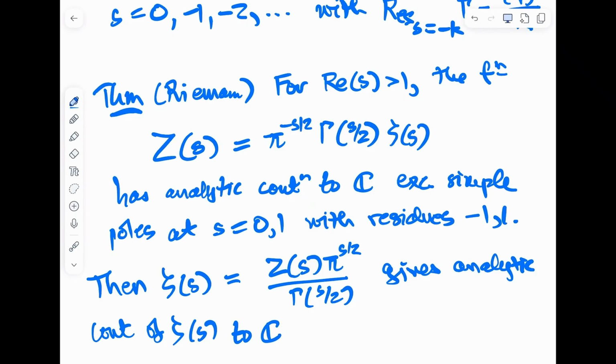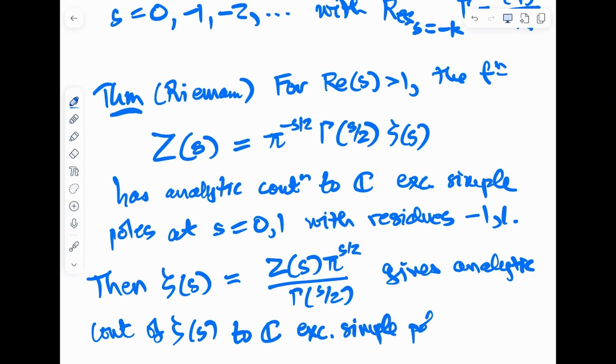So the completed zeta function, I said, has a simple pole at 0. In the denominator, gamma of s has a simple pole at 0, so gamma of s over 2 will as well, and those will cancel. So the Riemann zeta function doesn't have a pole at 0, but it will have a pole at s equals 1.